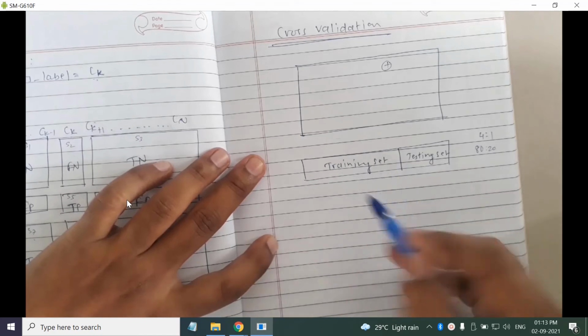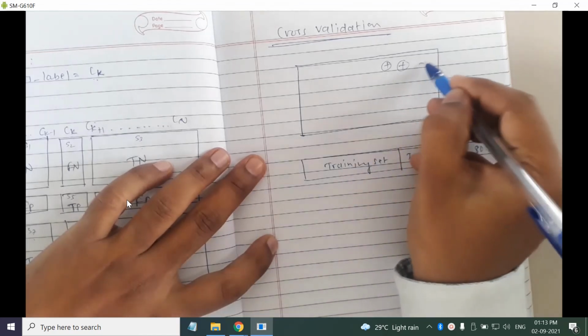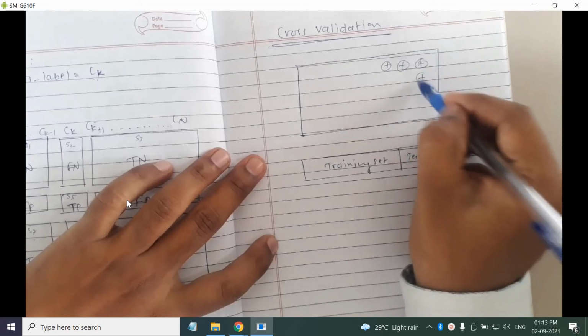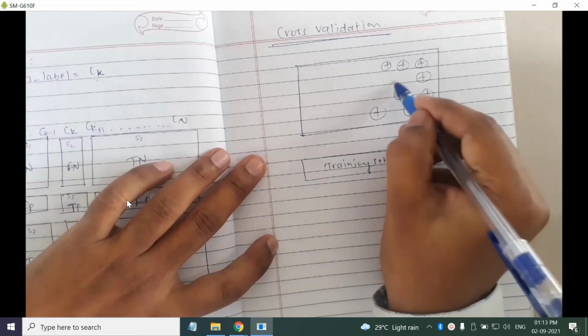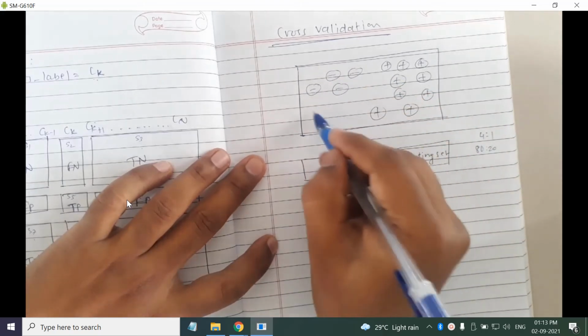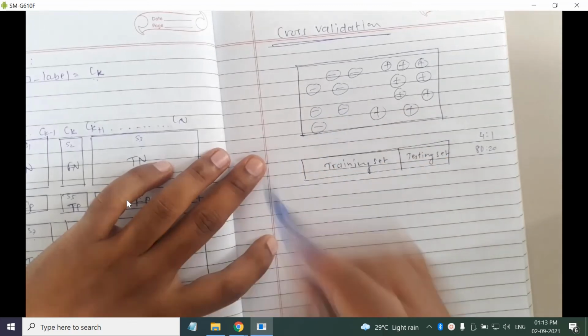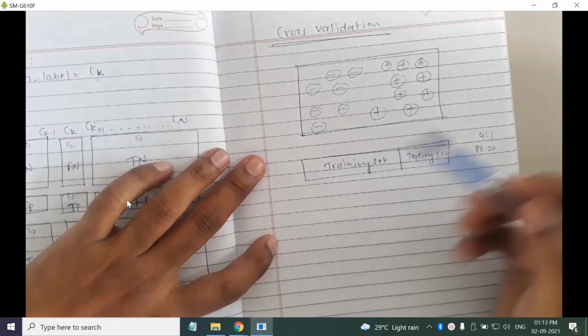Now consider utilizing a training set. The training set is represented here in the figure. These are the training samples, and we have trained our model.